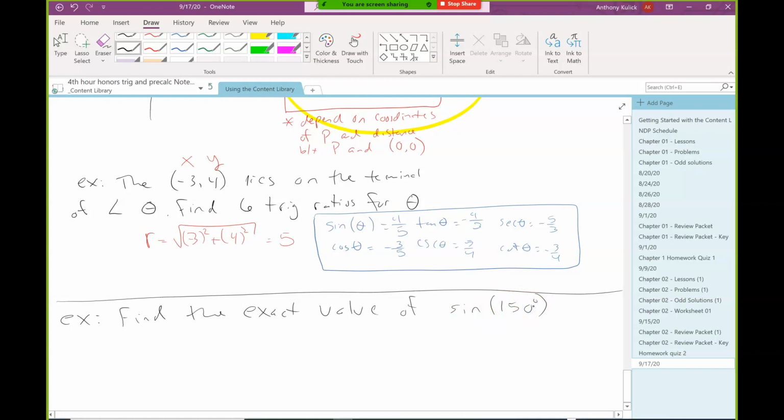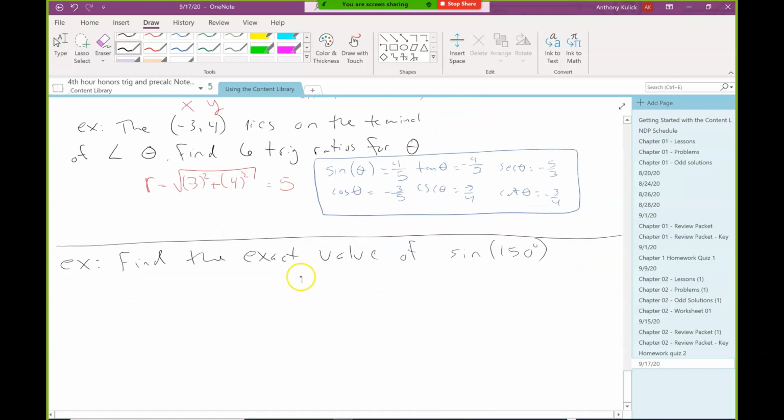So the next thing we're going to do is try to find the exact value of sine of 150 degrees. Okay, well, we'll start by drawing a 150-degree angle.